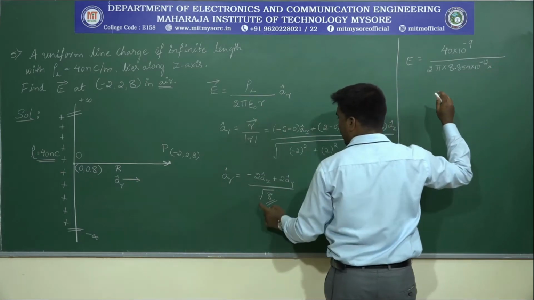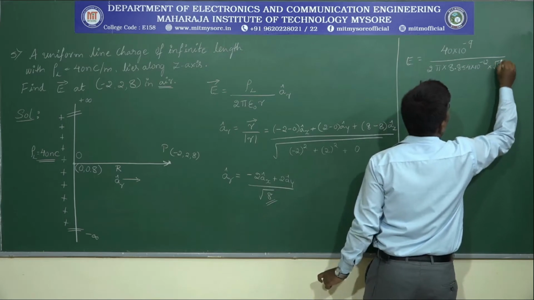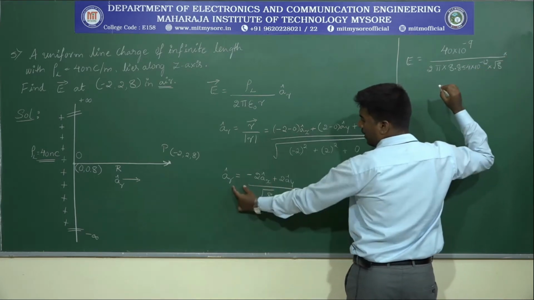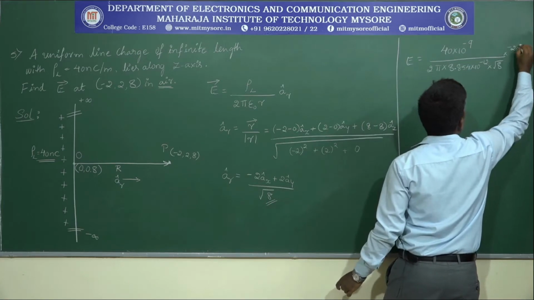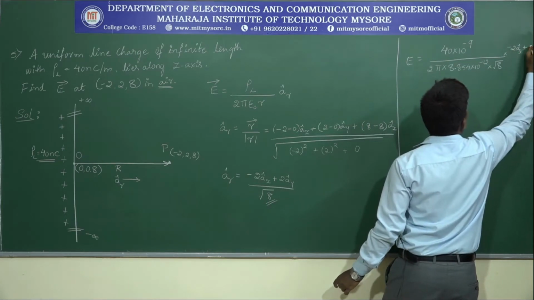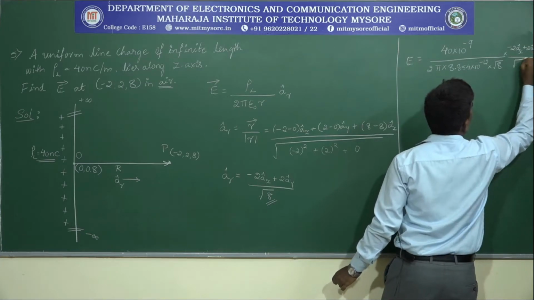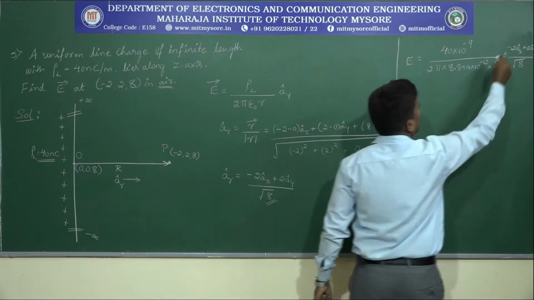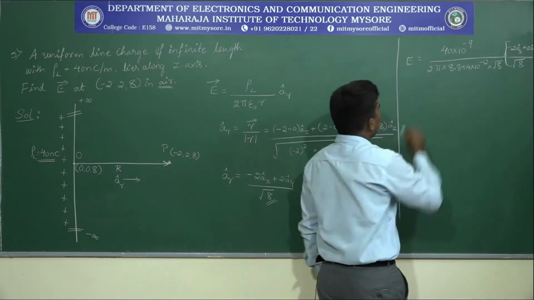What is the value of r? Root 8, into the unit vector. What is the unit vector? (-2 a cap x plus 2 a cap y) divided by the square root of 8. This is the resultant we have got.